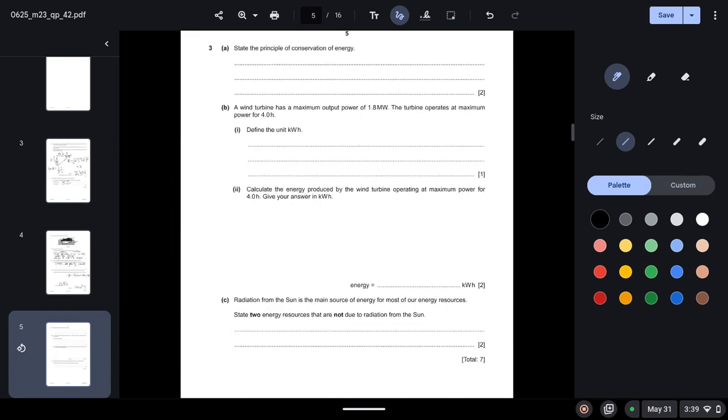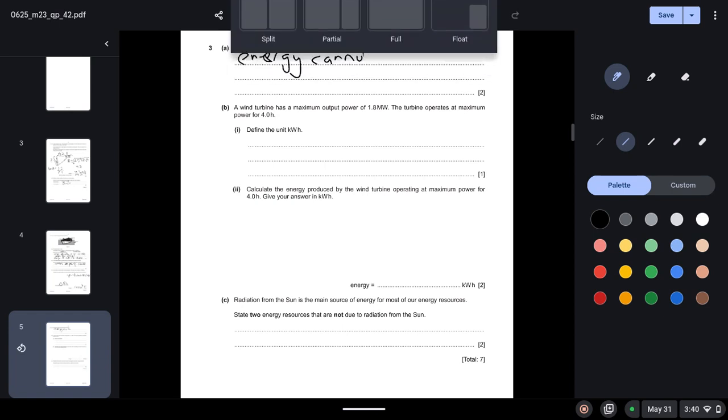Question 3. State the principle of conservation of energy. Well, the principle says that energy cannot be created nor destroyed. It can only be transferred from one form to another.